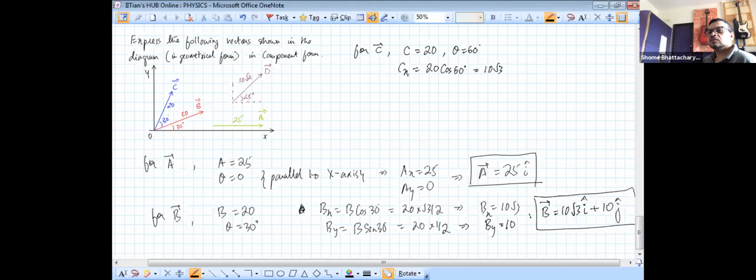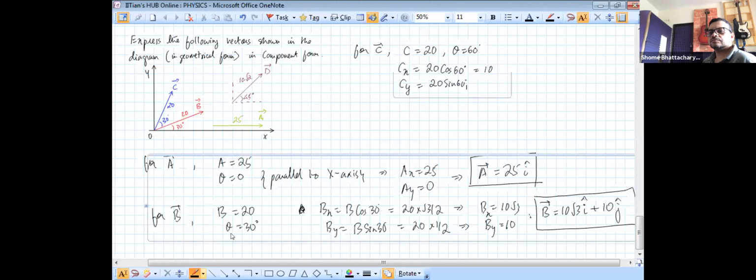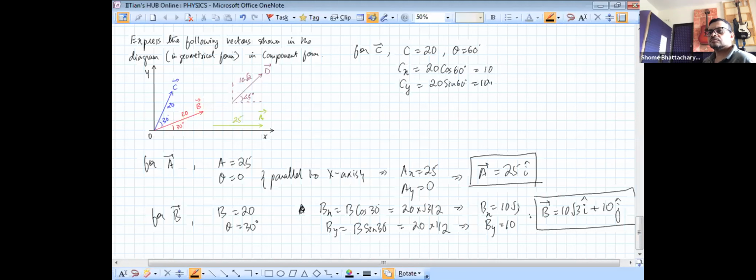And Cy will become 20 sin 60, which will be 10 root 3. So the vector C will become 10 i cap plus 10 root 3 j cap. It's the same vector we had seen earlier.